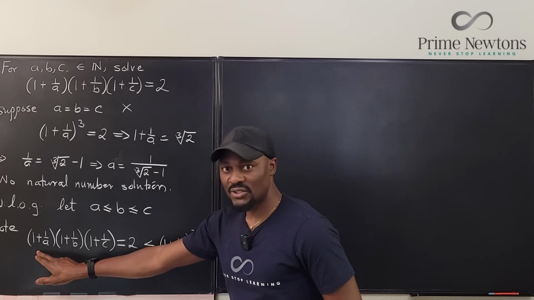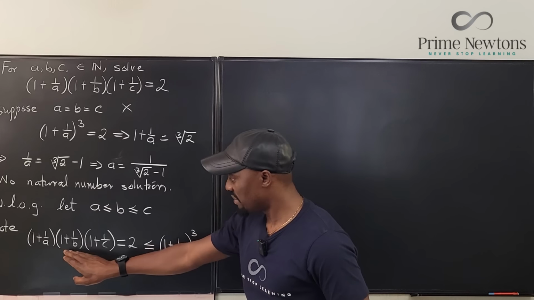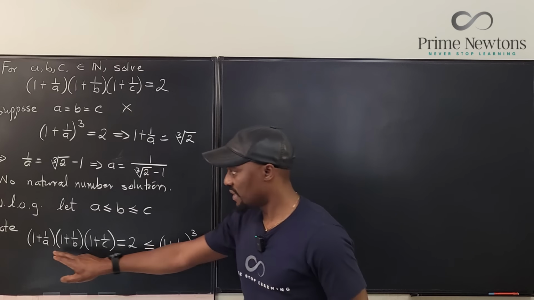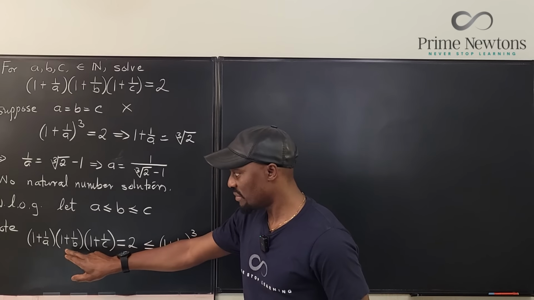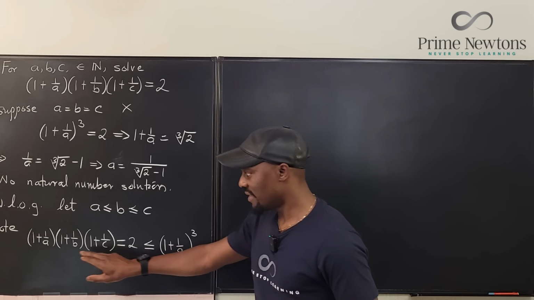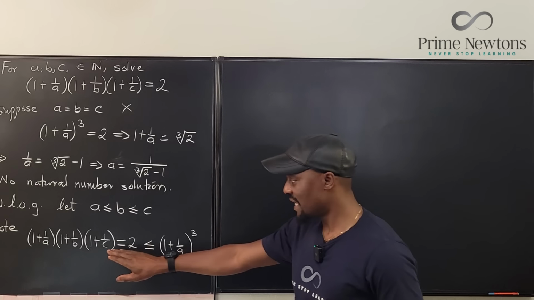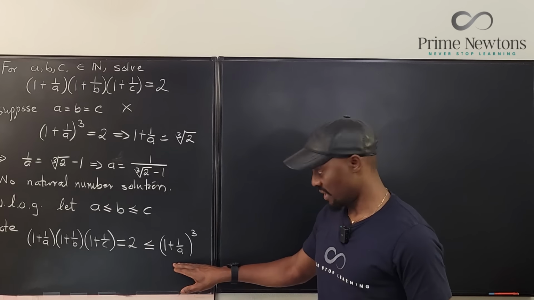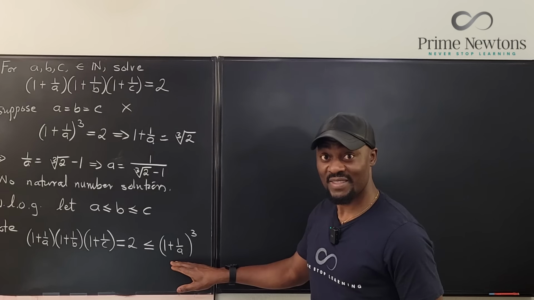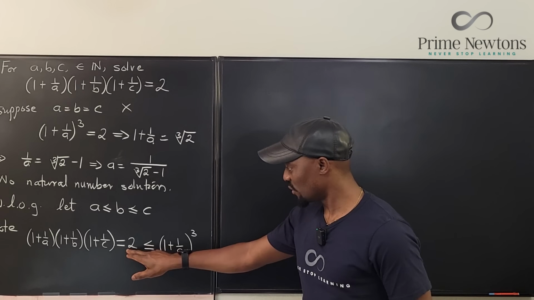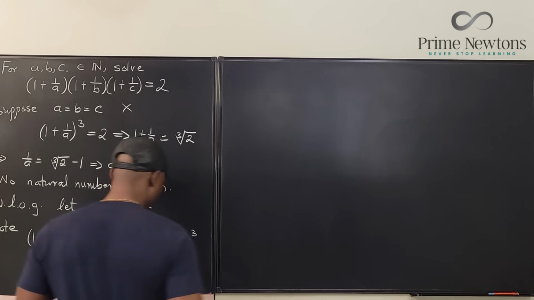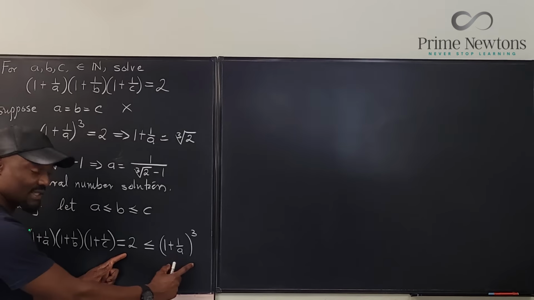So the biggest factor, I'm using it to replace these 2, but because I'm using big to replace small, then this left-hand side is definitely less than this one. This guy is the biggest guy. And this is equal to 2. So I have established an inequality that 2 is less than this.